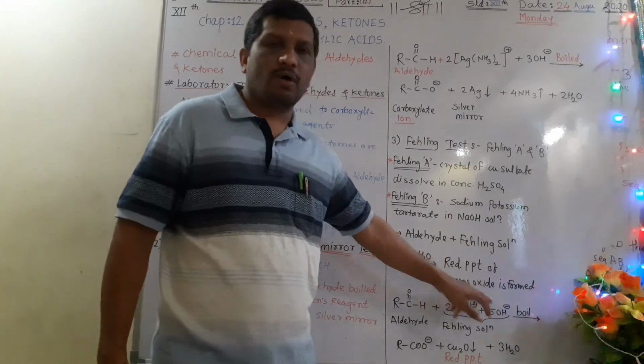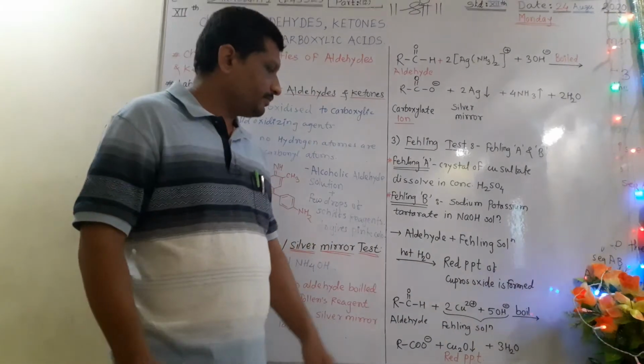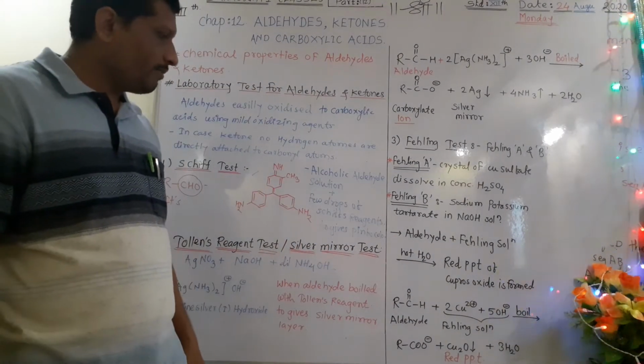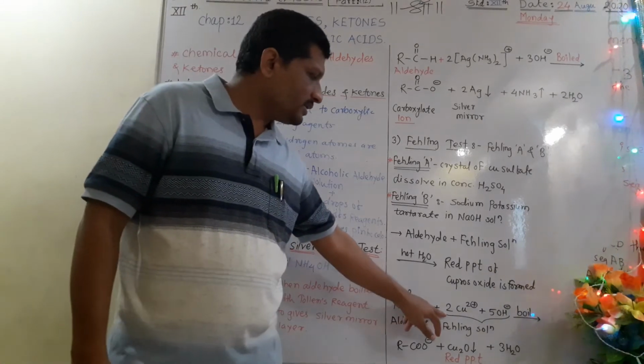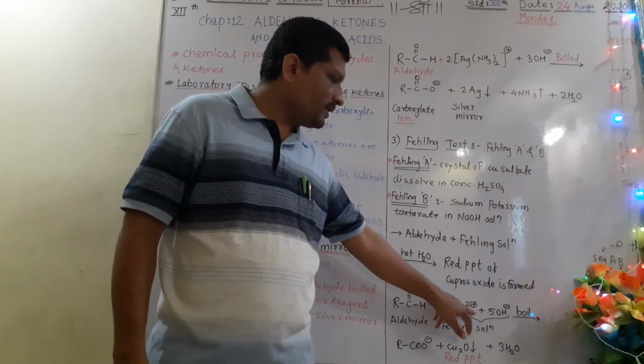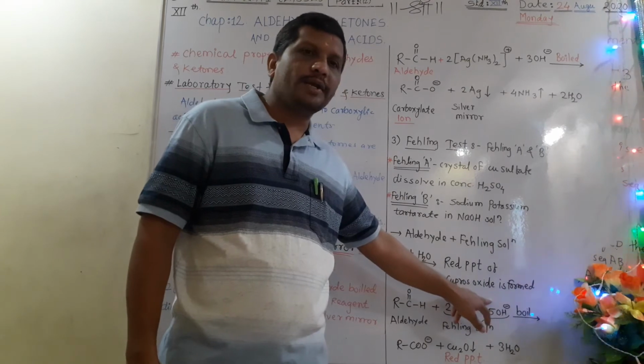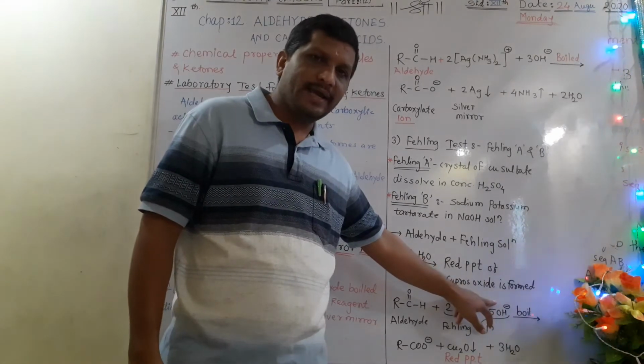Cuprous oxide is formed as a red precipitate, and this is shown by aldehyde plus twice Cu2+ in the presence of hot hydroxide ions.